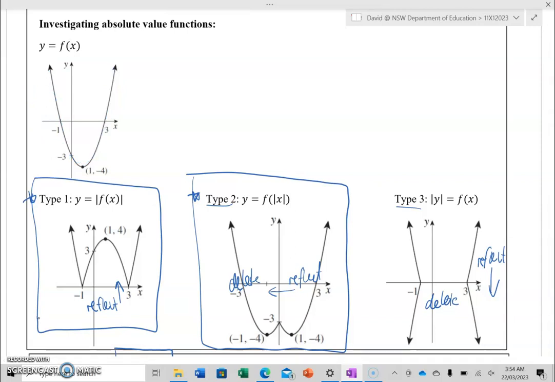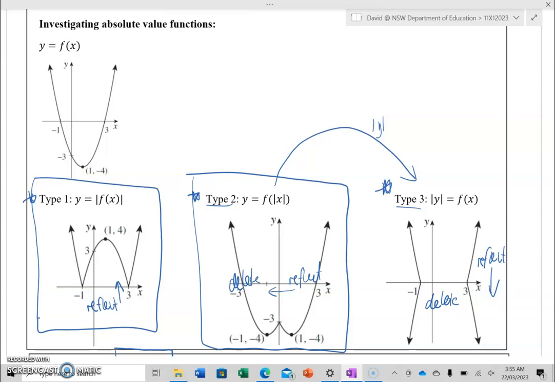The third type, we haven't looked at this one yet, we haven't done examples, is very similar to type 2, it's just we're switching x and y. Instead of taking absolute value of x, we're taking absolute value of y. So, unsurprisingly, just like type 2, it involves a deletion and a reflection.